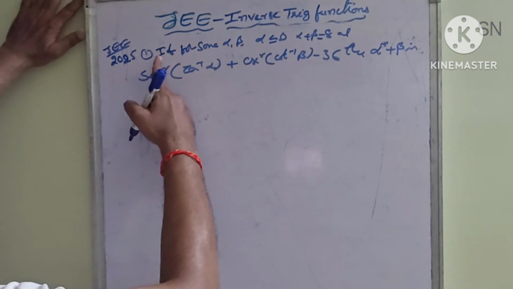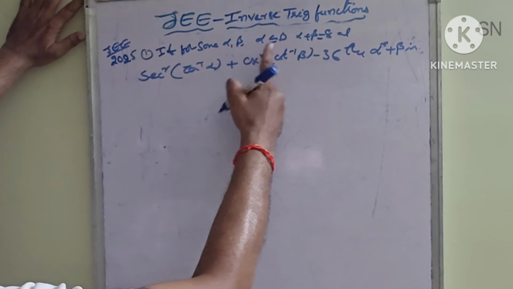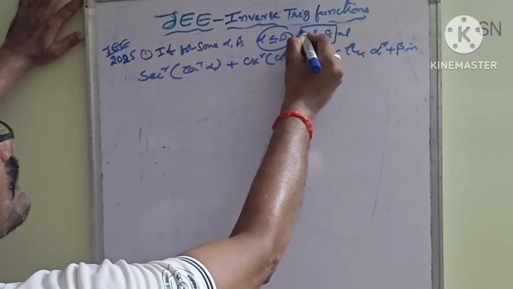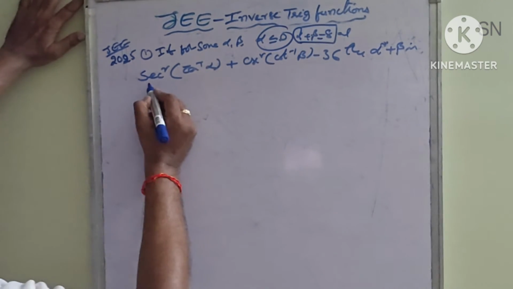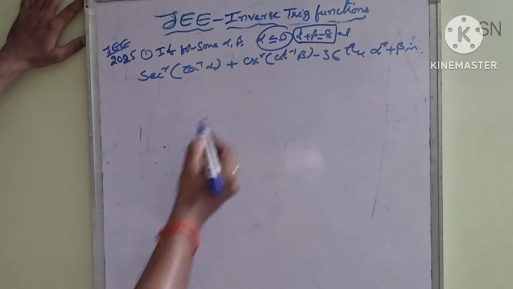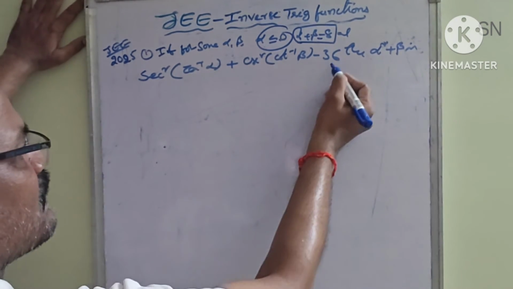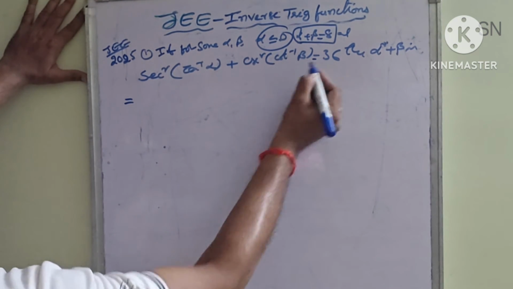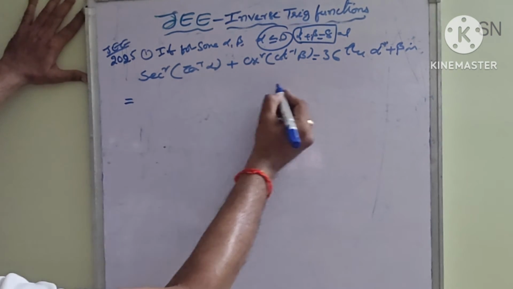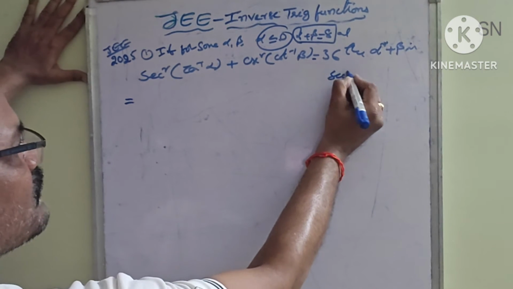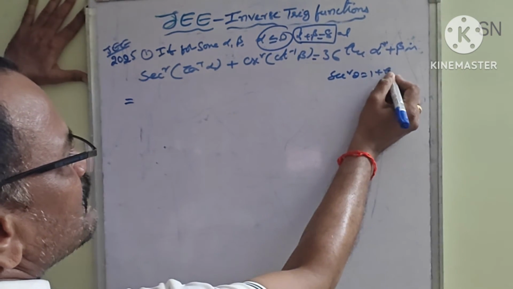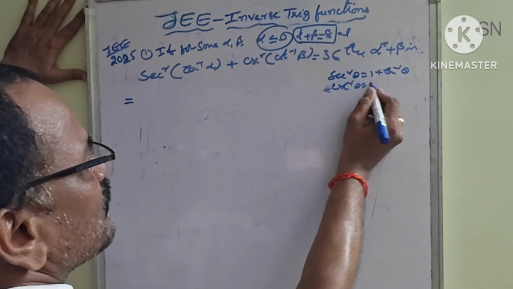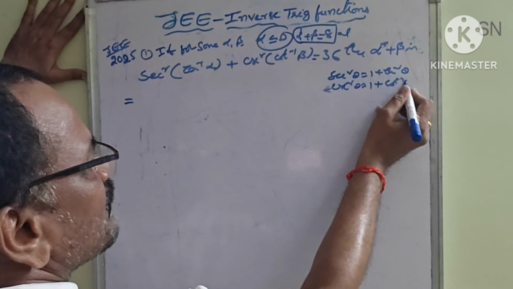Now one more model. If for some alpha comma beta, alpha less than or equal to beta, alpha plus beta is equal to 8, and secant square of tan inverse alpha plus cosecant square of cot inverse beta is equal to 36. Here secant square theta means 1 plus tan square theta, and cosecant square theta means 1 plus cot square theta.